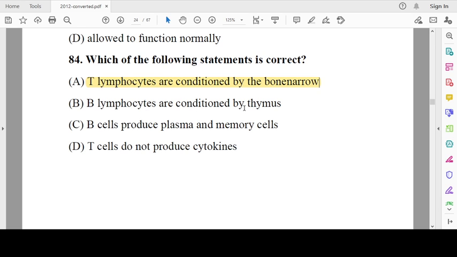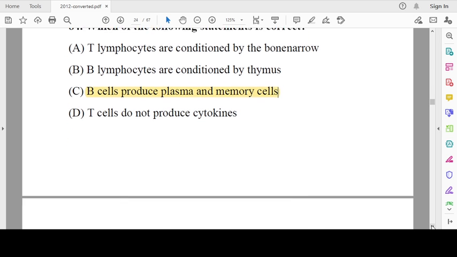But here they are saying thymus. Sorry friends, the correct option is that B cells produce plasma cells and memory cells. Whereas T lymphocytes are conditioned in thymus and B lymphocytes are conditioned by thymus. No, B cells are conditioned by bone marrow. T cells will produce cytokines, but here they are saying T cells don't produce cytokines.